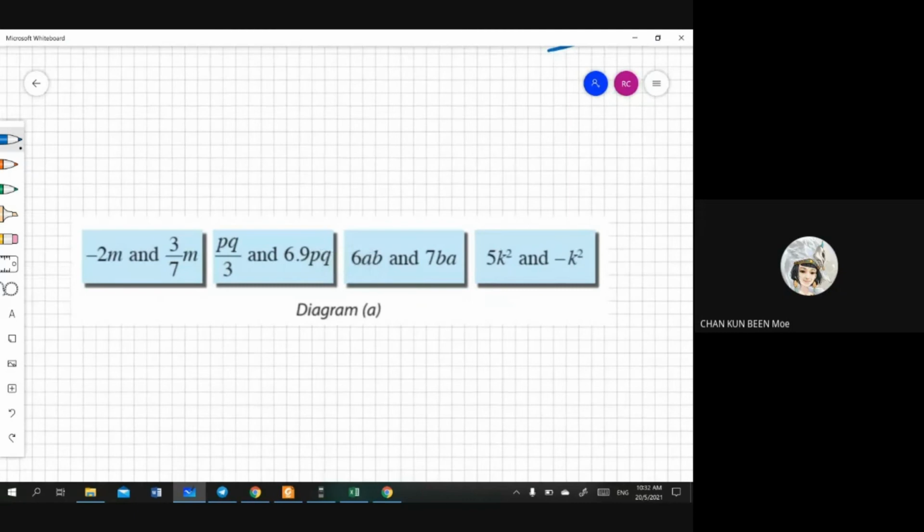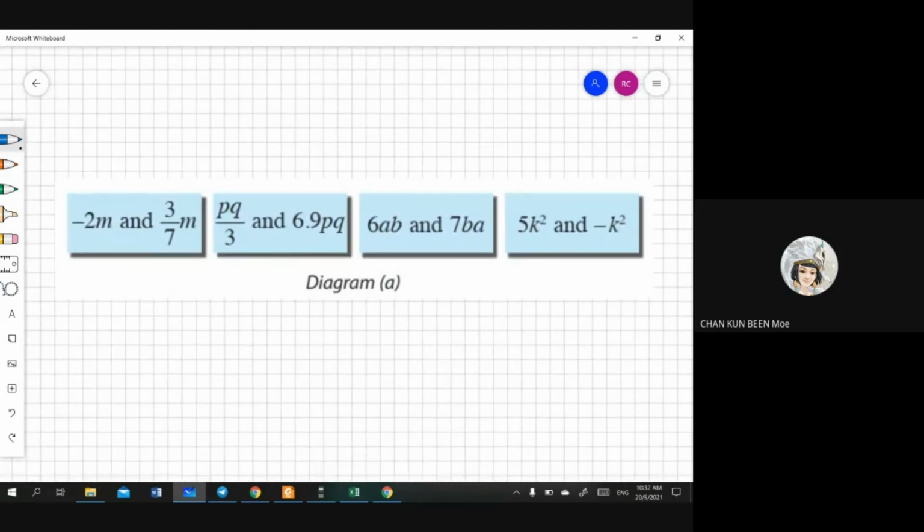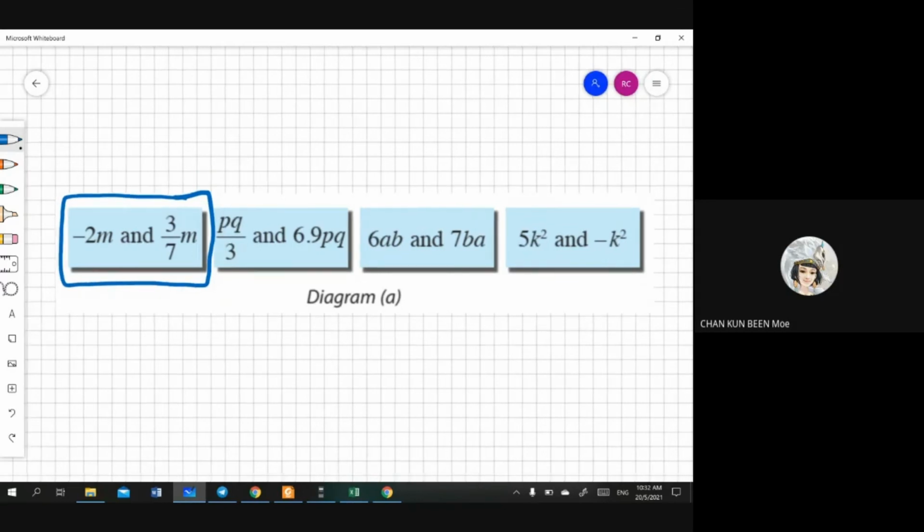If you look at diagram A over here, we have 4 different pairs of terms given. We look at the first pair first, negative 2m and 3 over 7m. Before I continue, how do we identify like terms and unlike terms?